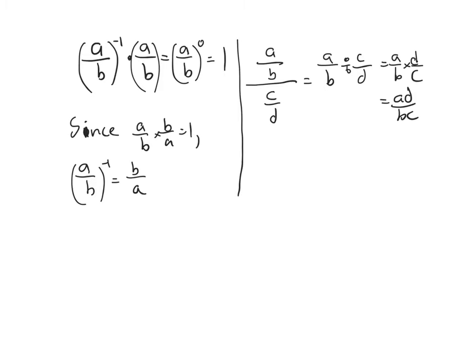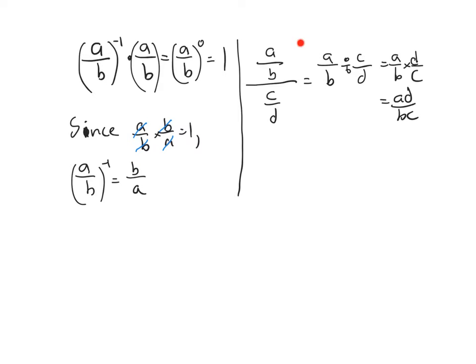So what does that mean? Well, what when we multiply by a over b do we get 1? And the answer is b over a. You can see here the b's cancel out, the a's cancel out, and you get 1. So that means that a over b to the negative 1 equals b over a.